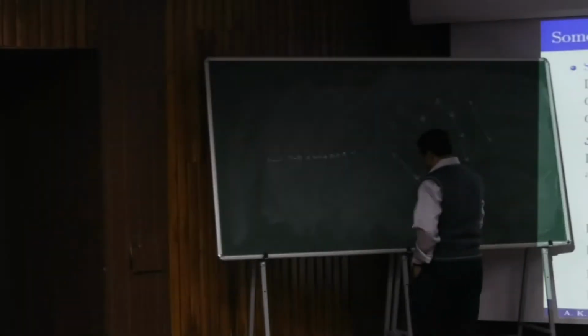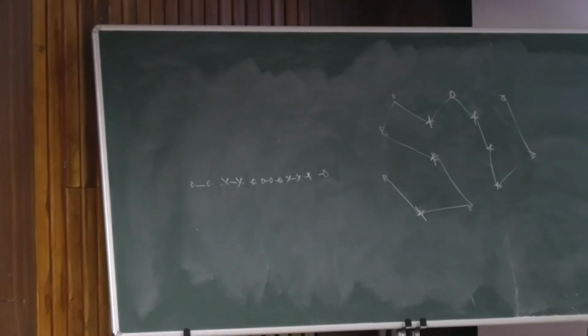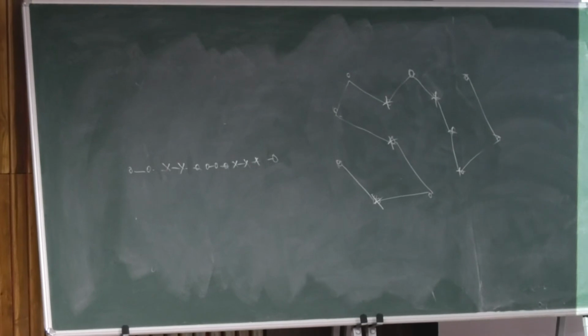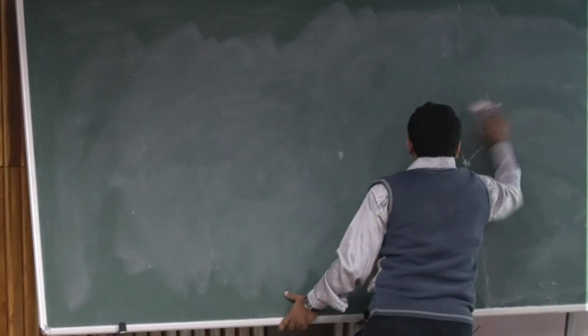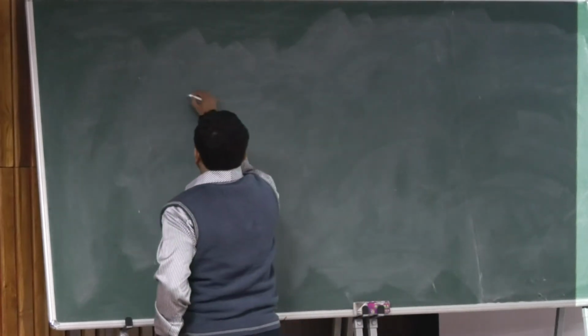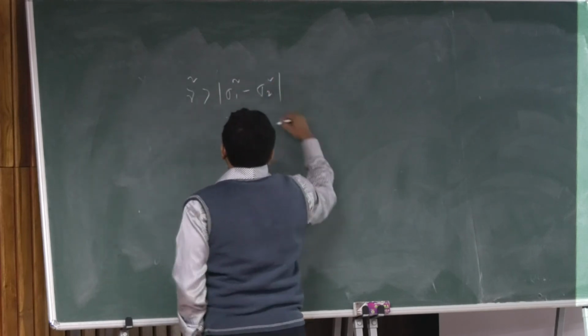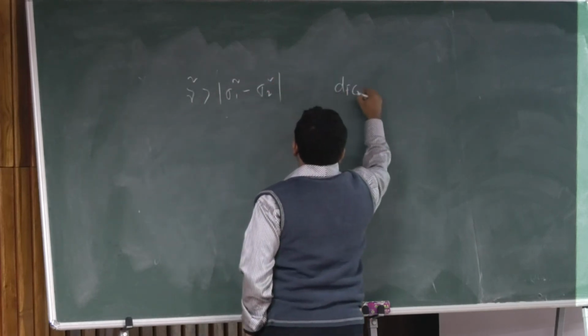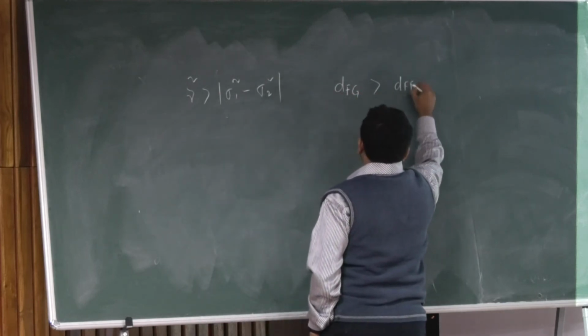If you recall the limiting value of the distances, what it says is that mu square bigger than sigma 1 square minus sigma 2 square means that DFG, the distance between x and y observations, is bigger than DFF and DGG both.